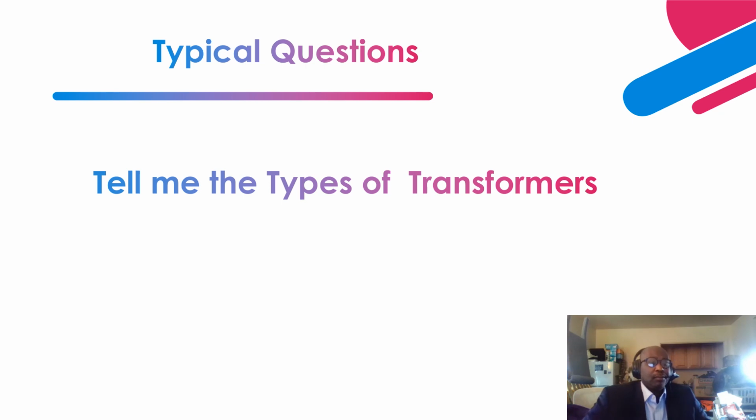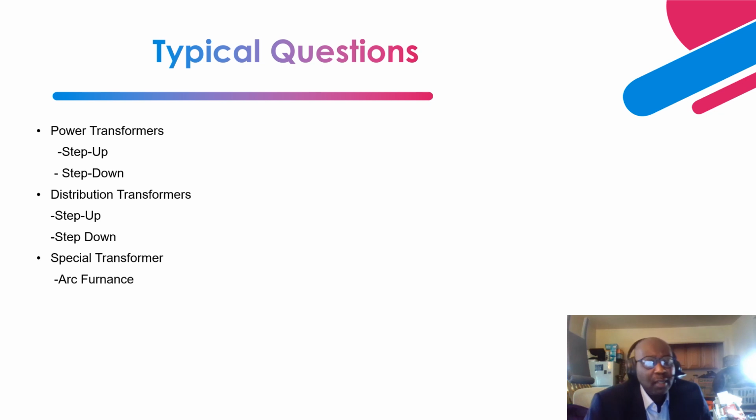Next question. Tell me the types of transformers that we have out there. Okay, so this is how you answer that question. We have power transformers, right? We can have a power transformer at the transmission level, and under the umbrella of power transformers, we can have a step-up transformer. We can have a step-down transformer.